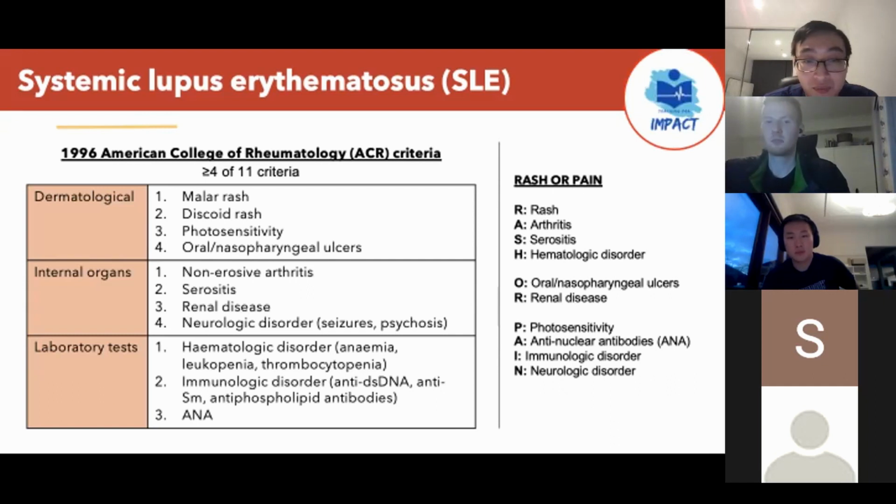Yep. So, yeah, anti-Jo1, anti-double-stranded. I think so. Commonly, you would order an ANA, which basically comes back positive if the patient has any anti-nuclear antibodies, and then often you'll also order what we call an ENA.